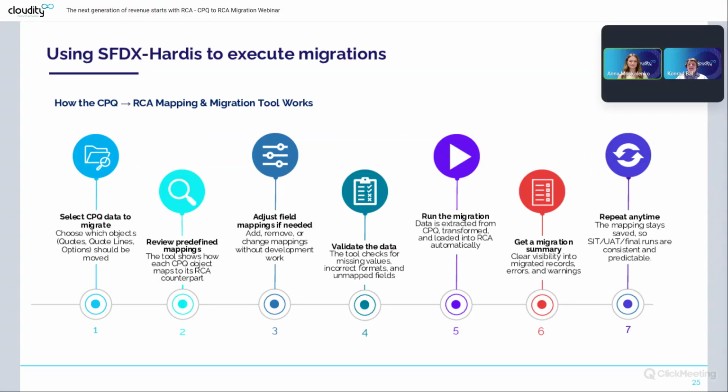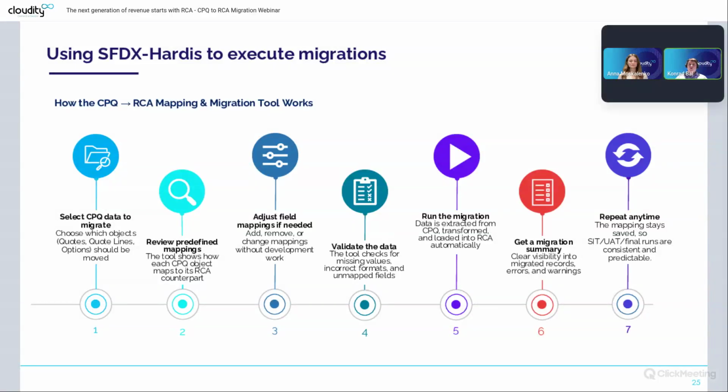Of course. So there are seven steps which we can repeat anytime once we configure our tool. First of all, together we can decide what we migrate. If we go with the products, maybe with the product options or quotes, maybe you want to migrate the historical assets. So in the first step, you're able to select in the tool what you will be migrating.